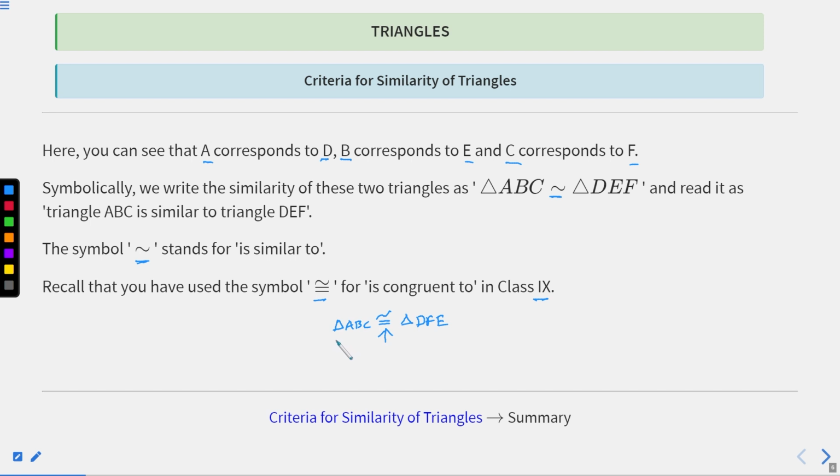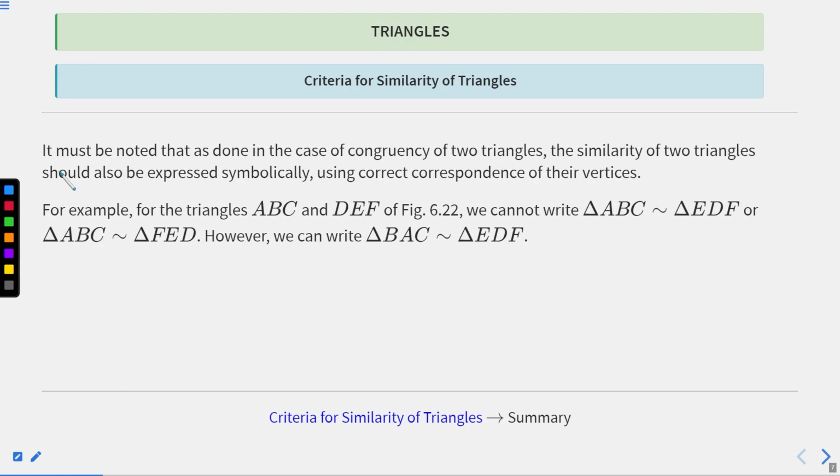We have studied in our previous lecture, if two triangles are congruent, then they are similar, but the converse need not be true. That means if two triangles are similar, they need not be congruent.